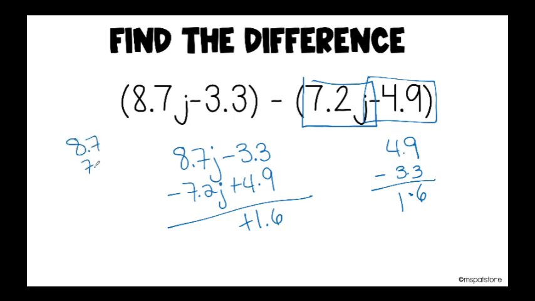So let's do it here. There you go. 7 minus 2 is 5. Bring down the decimal point. 8 minus 7 is 1. In this case, it's going to be positive 1.5 because 8.7 has the greatest absolute value. So it will be 1.5j. Do not forget about the variable.